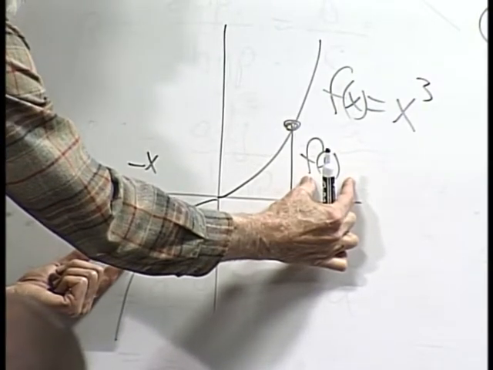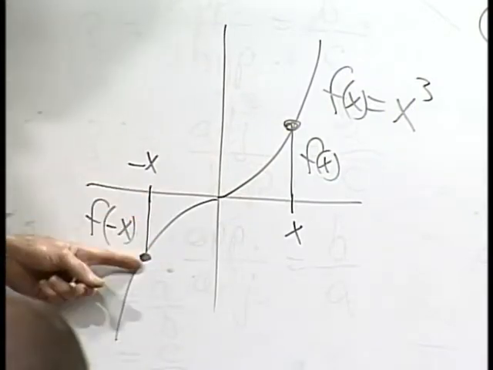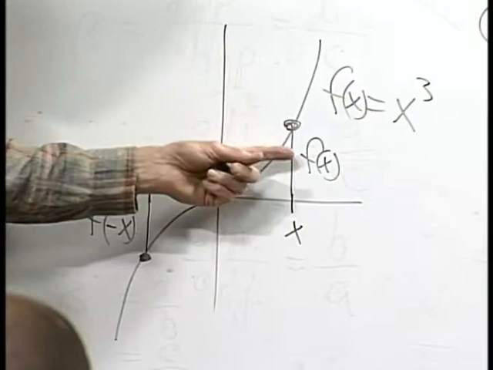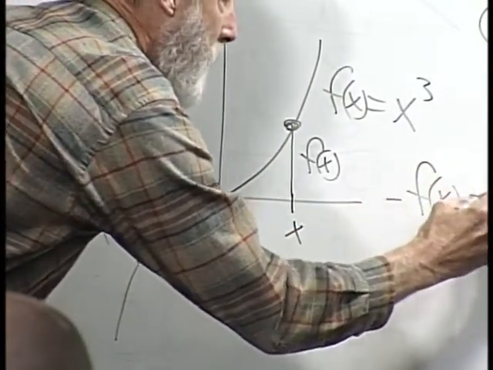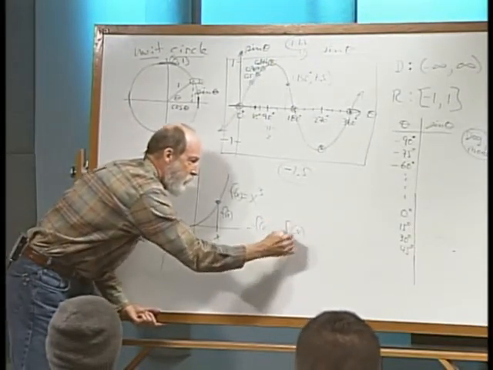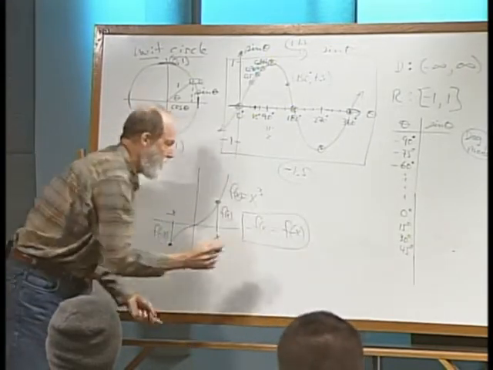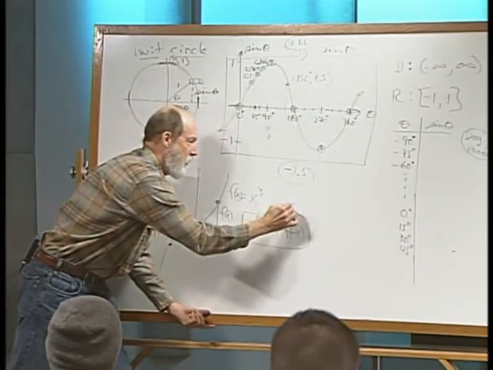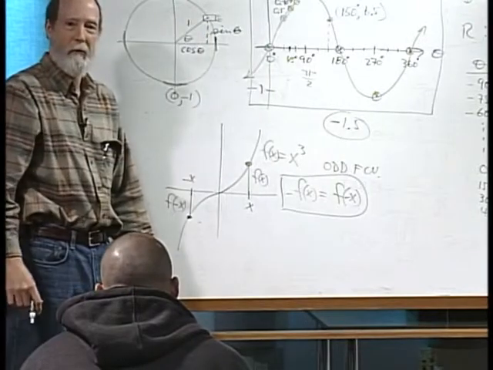But they are opposite in sign. This one's clearly positive, this is clearly negative. So if I took the opposite of one of these, it would be equal to this other one over here. This is what we have learned is the definition of an odd function.